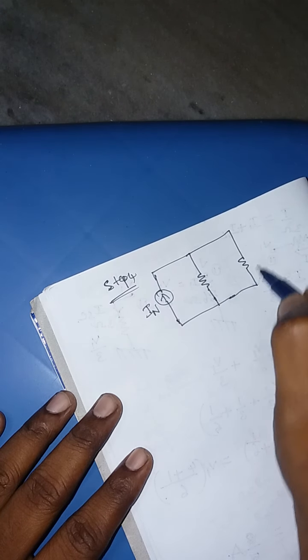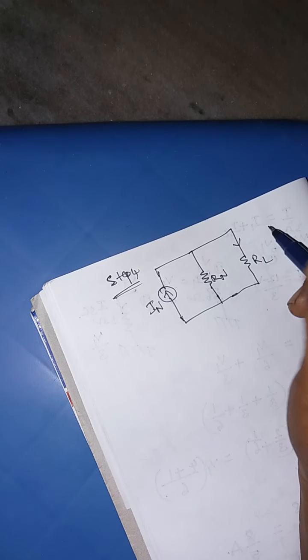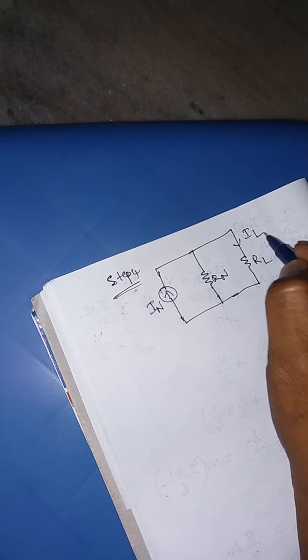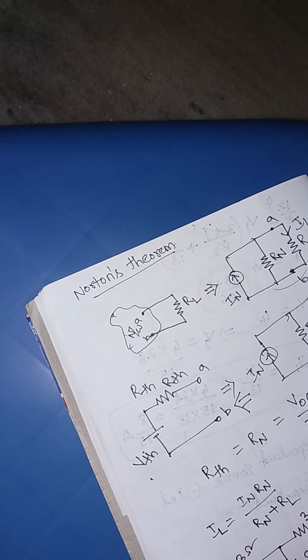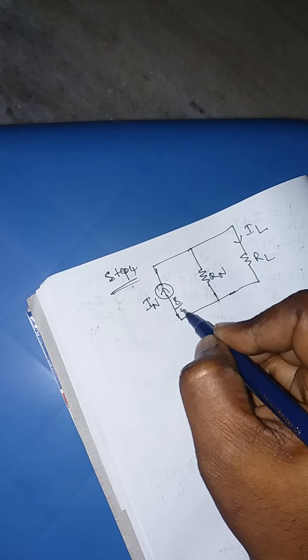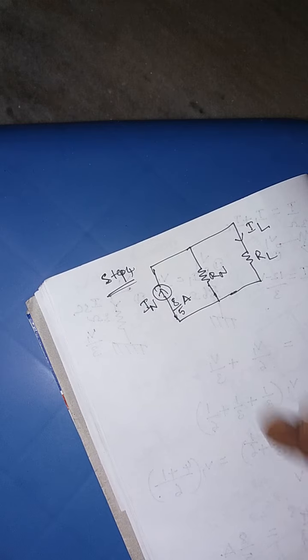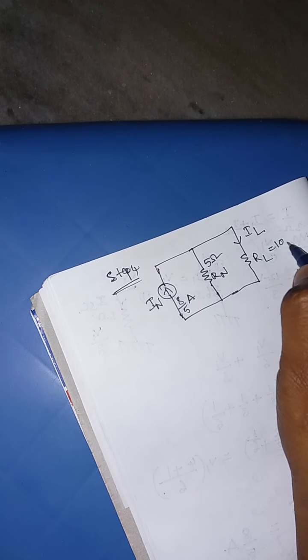This will be RL. Let the current be IL. You know the values. What is the value of IN? IN is 8 by 5 amps. RN is 5 ohms. RL is 10 ohms.